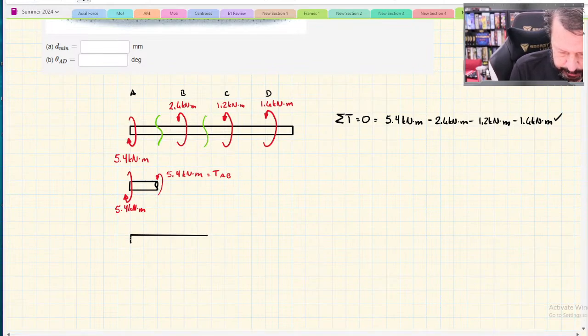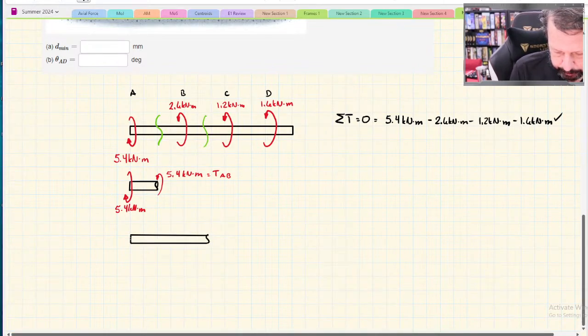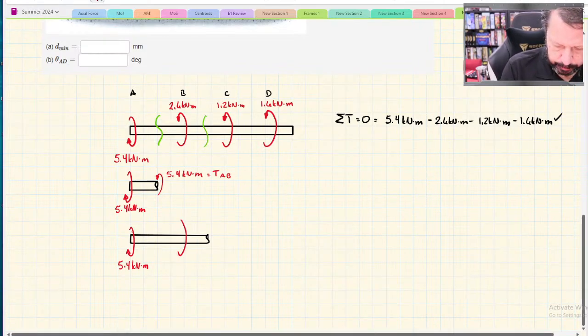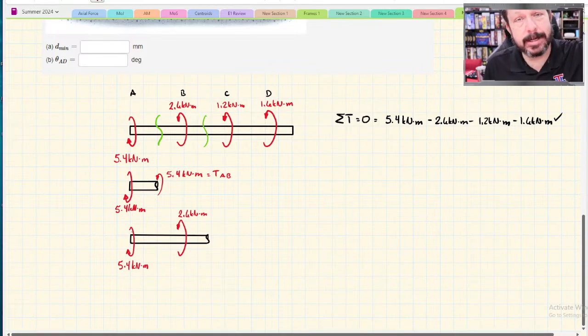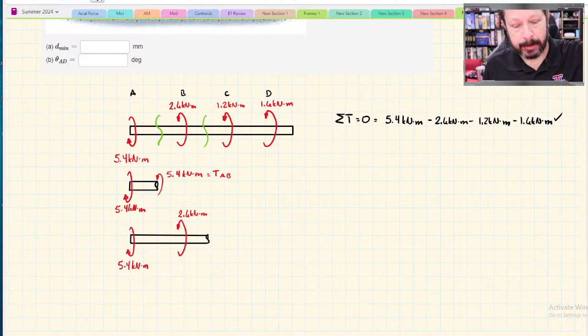It's something like this. I've got the input 5.4. I've got the gear at B removing 2.6 kilonewton meters, sending it off to machine B. So it's kind of like a budget. I've got 5.4 available, and I'm going to send 2.6 of it to B. Some people get confused: how does it know how much to send to B?